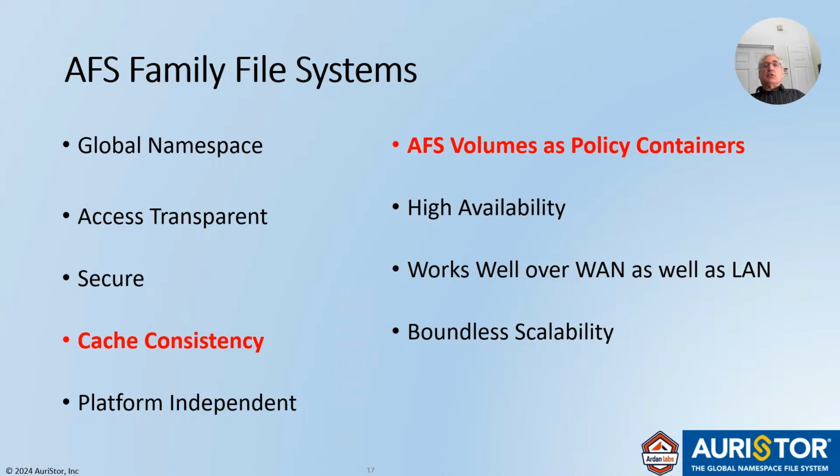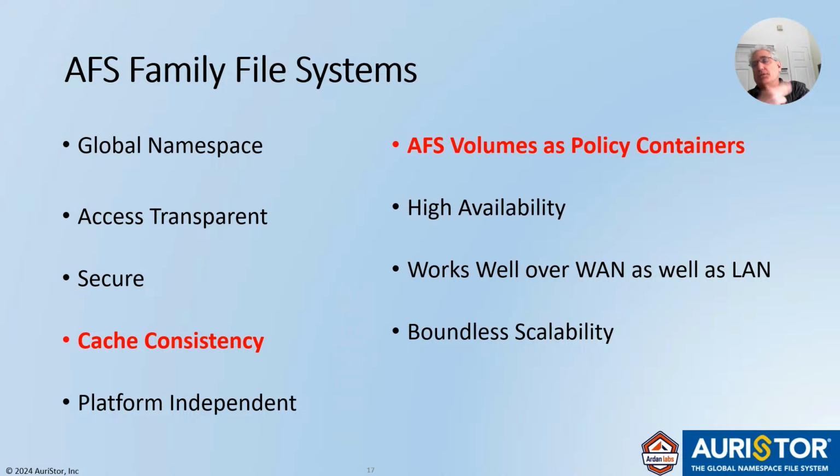The AFS family is a distributed file system, namely, you're getting your files from other computers, like NFS, which you're probably more familiar with, or Windows network shares and things like that. But the reason the banks focused on the AFS family of file systems is two things. One, it has this beautiful cache consistency model that survives reboots.